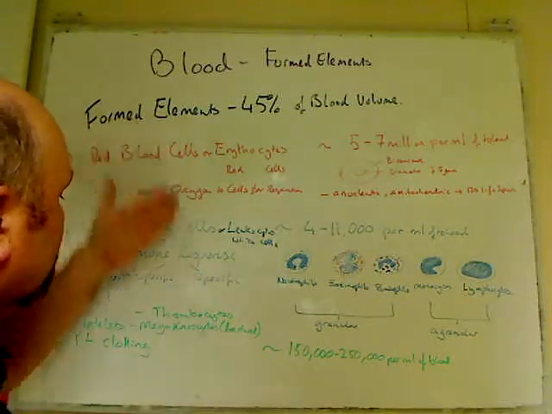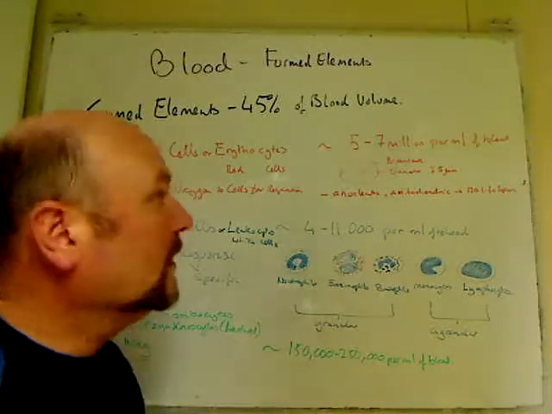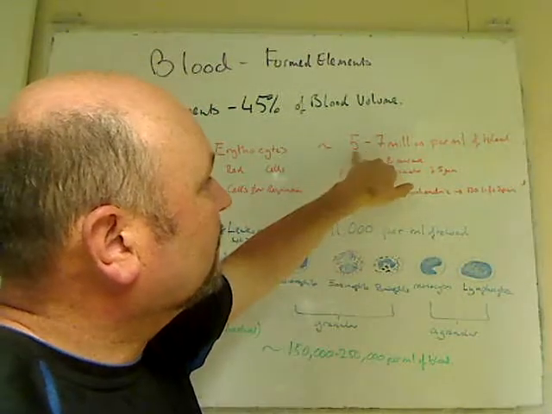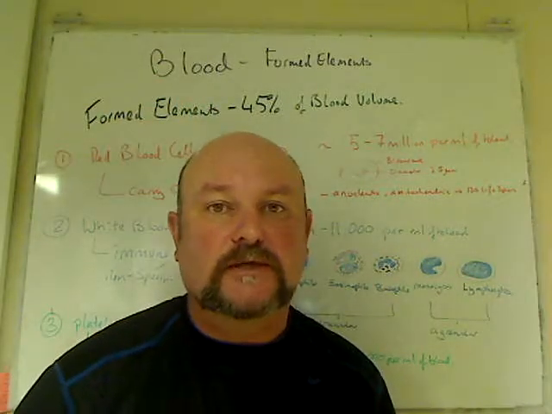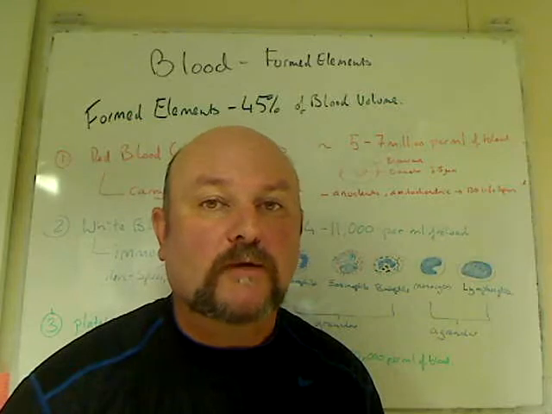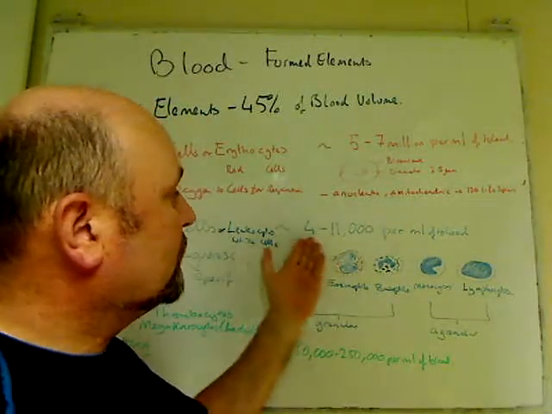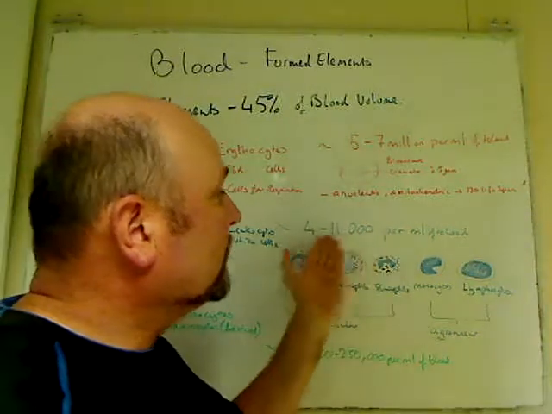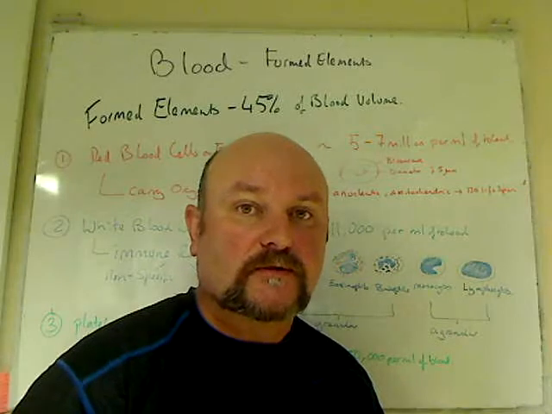Okay, so of these three groups, the red cells are by far the most common. In 1 ml of blood, you will find 5 to 7 million of these little red blood cells. Compare that to white cells, of which you'd only find 4 to 11,000, so that's almost a 1 to 1,000 difference.